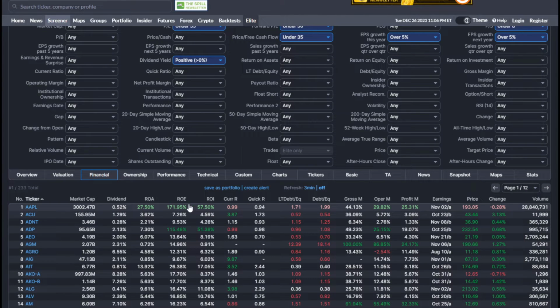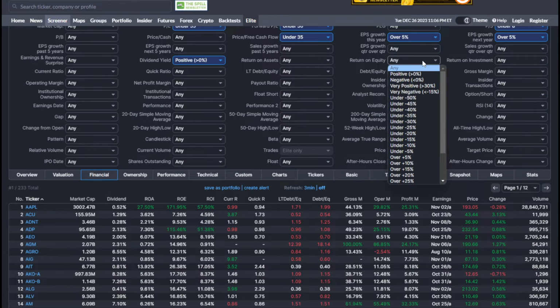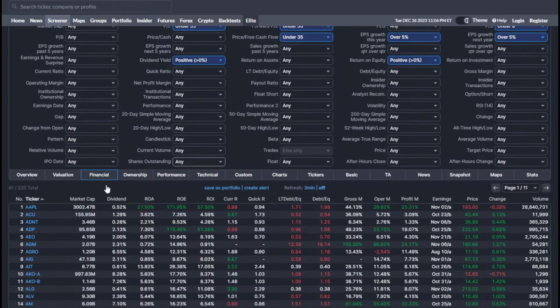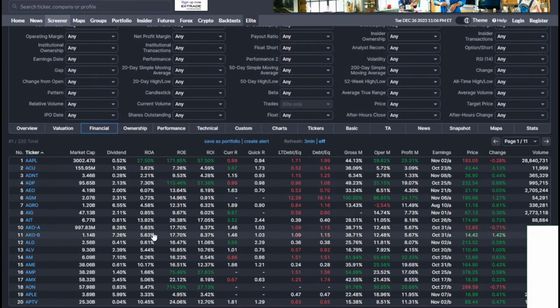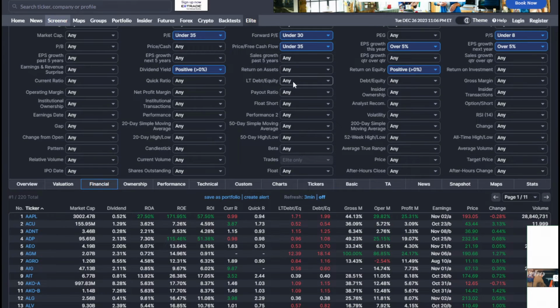Let's see what else we have here. Got the ROE, return on equity, of over 171%. I'm going to say just positive on this and let's see what happens. It knocked it down just a little bit. So you can do that. If you have a positive ROA, we can just say positive and see what happens.